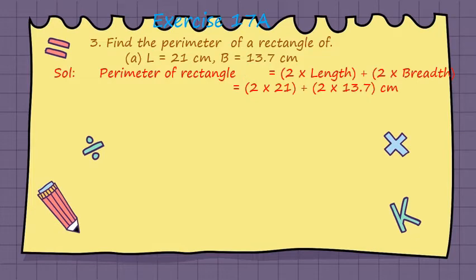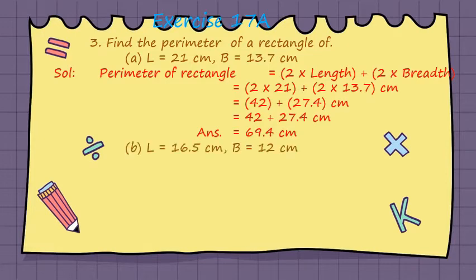So 2 multiplied by 21 centimeter plus 2 multiplied by 13.7 centimeters, which in turn is equal to 42 plus 27.4 centimeter, which is equal to 69.4 centimeter. So the perimeter is equal to 69.4 centimeter.